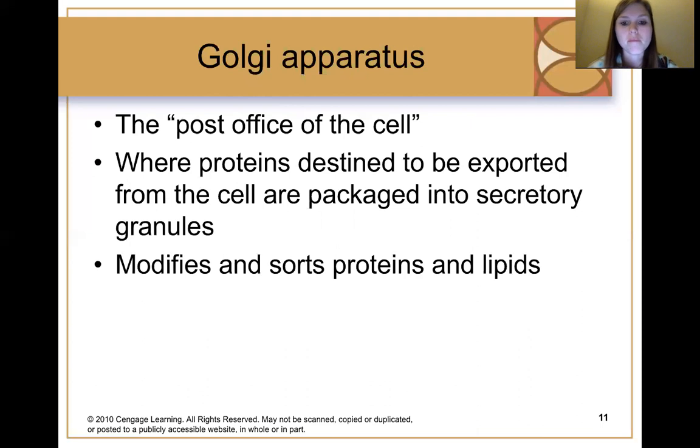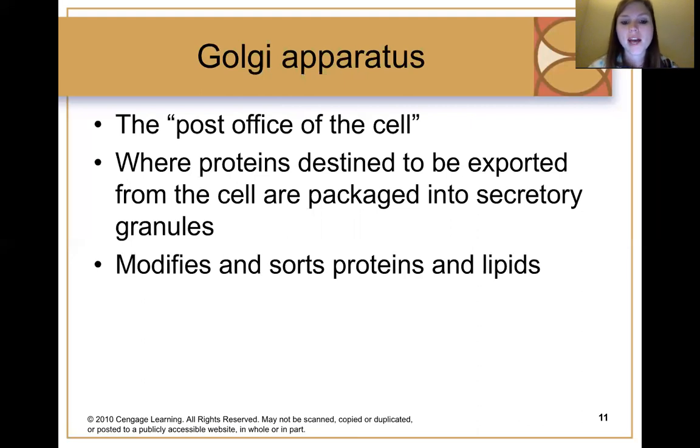Basically, if you think about a post office, they get all your mail and they sort that out and figure out where it needs to go. They might put it in a box, they might put it in an envelope, depending on what the situation is, and then they send it out into the world. So the post office analogy has always really made sense to me.